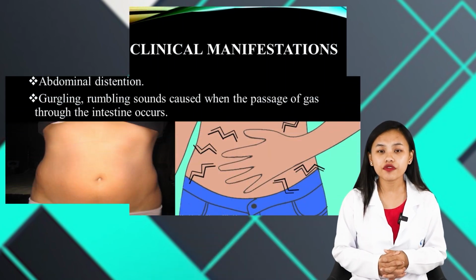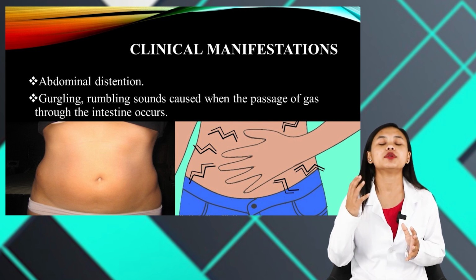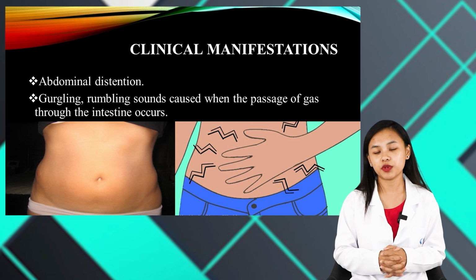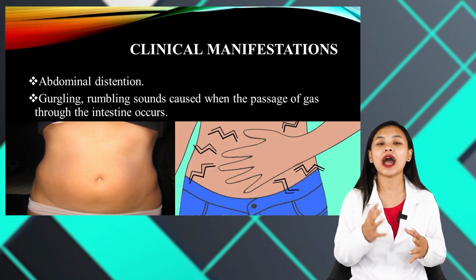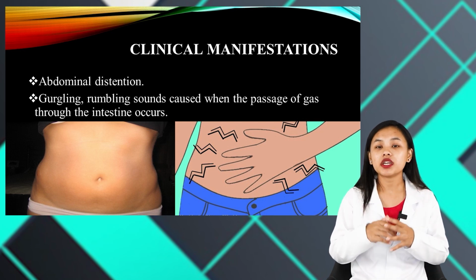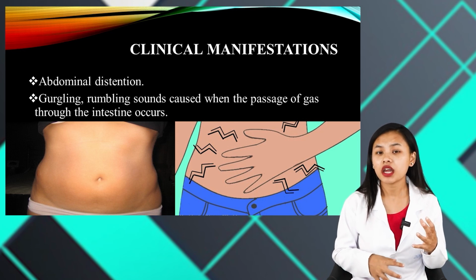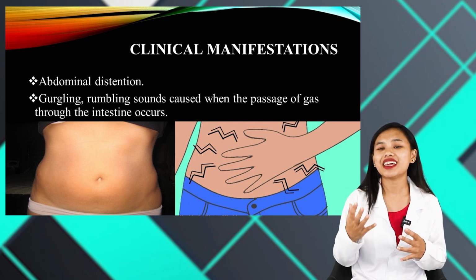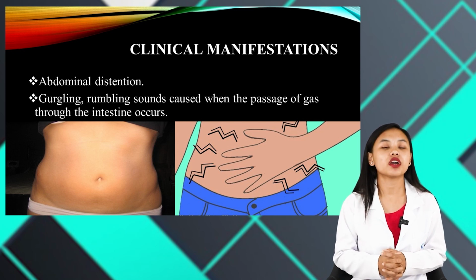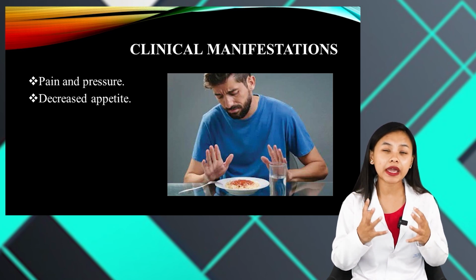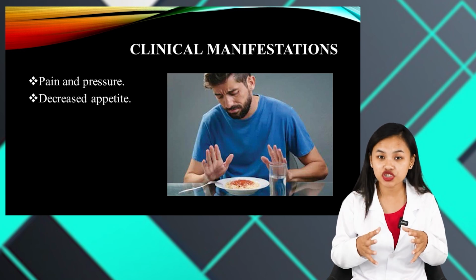Now let us move on to the clinical manifestations. If a person is having constipation, then it is obvious that he or she will have abdominal distension. There will be gurgling, rumbling sounds when the gas is passing through the intestine. There will also be pain, and he or she will feel pressure.